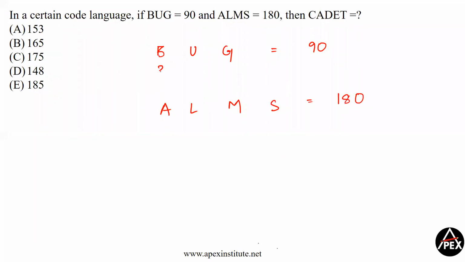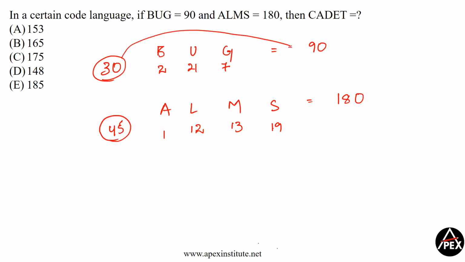So B is 2, U is 21, G is 7, A is 1, R is 18, M is 13, and S is 19. So what is the sum of 21, 2 and 7? 30. Okay. Now 1 plus 18 plus 13 is 32, 32 plus 19 is 51. Now my question is, how did we get 90 from 30 and 180 from 45?